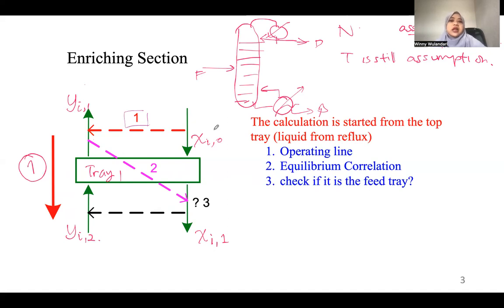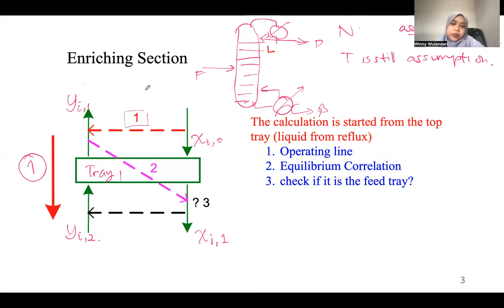So if we consider, let's say it is a total condenser, if you know the distillate and you know the reflux ratio, you can also get the L over here, and also you can get the composition of your liquid. So you know the composition of your liquid, you denote with xi0 here, and then we can get the y that comes up from stage 1, just tray 1 here, using the operating line.